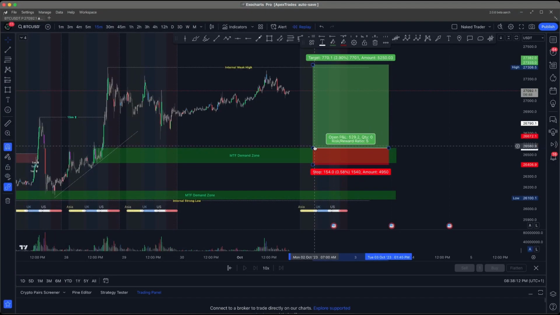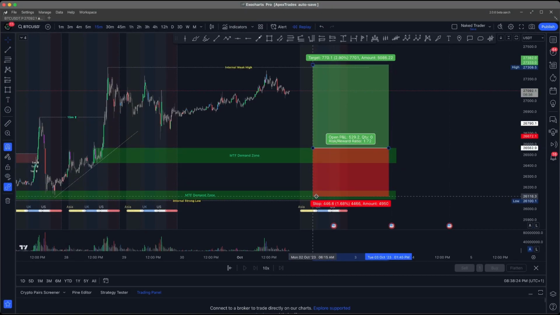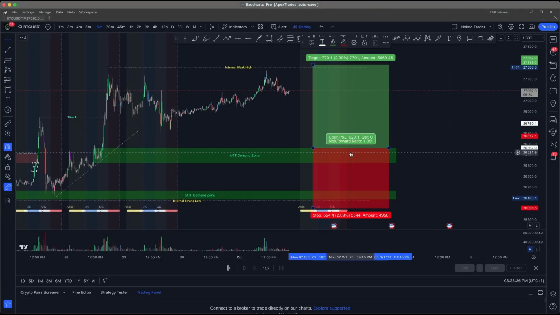My maths is terrible. $1,000, 3% is $30. So $30 is what I want to risk, whether I put my stop loss there, or wherever that stop loss needs to be. I could put my stop loss there and still have that being only a $30 loss, because that's what I want to risk.